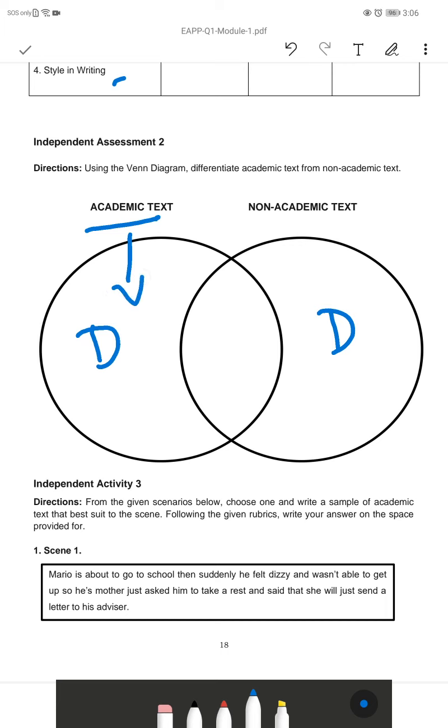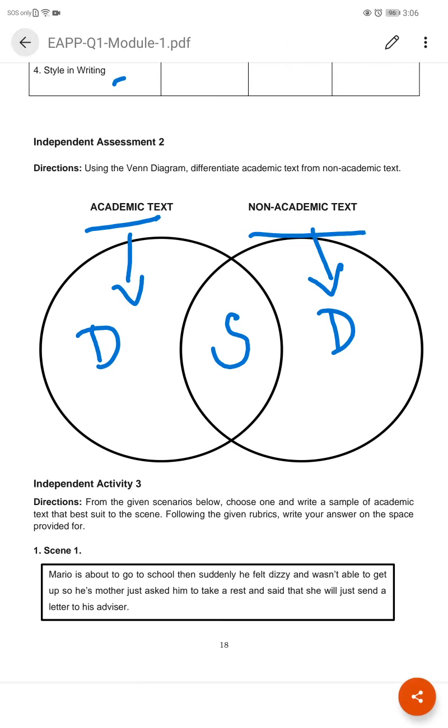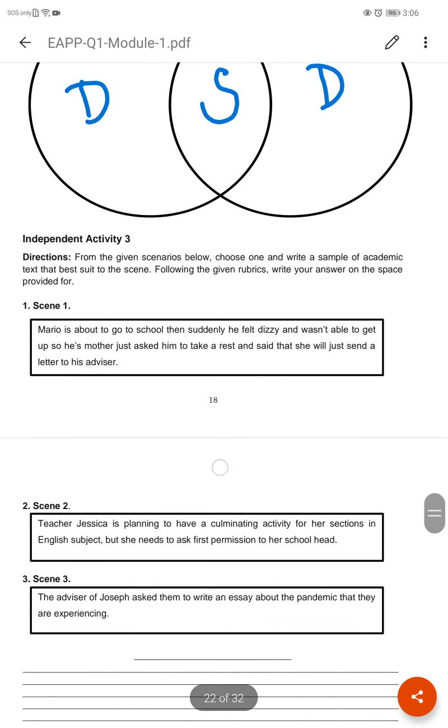Put it here. And then what makes the non-academic text unique? And then of course in the middle you should write there similarities. Okay? What makes them similar? So draw on your one whole sheet of paper the two circles and then label them academic text and non-academic text. Okay? And then let's go to independent activity 3.